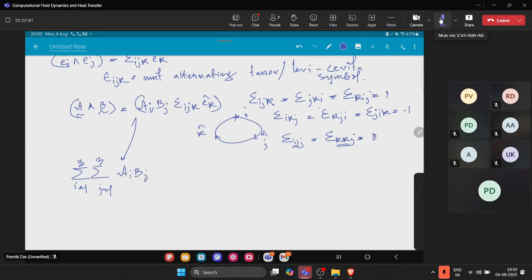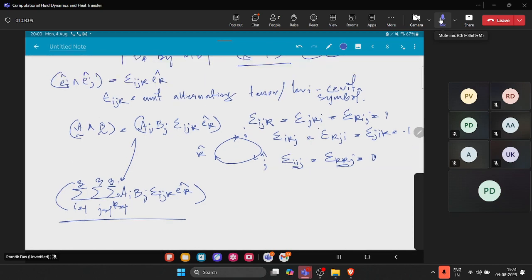Ai bj epsilon ijk ek cap. Okay. So this will also vary from 1 to 3. So there are three indices, i, j, and k itself.